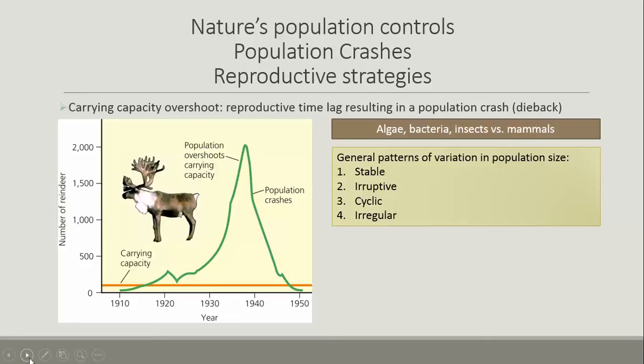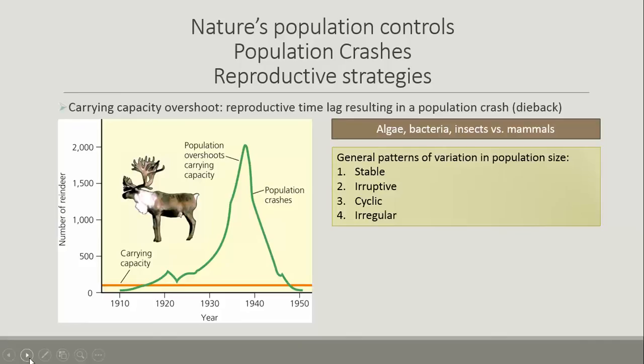So basically, you've got these short-lived, rapidly reproducing species like algae and lots of insects. They have eruptive cycles, and those are usually linked to seasonal changes in weather or seasonal changes in nutrient availability. In some temperate climates, like what we have, insect populations grow so quick during the spring and summer, and then they crash during the wintertime.